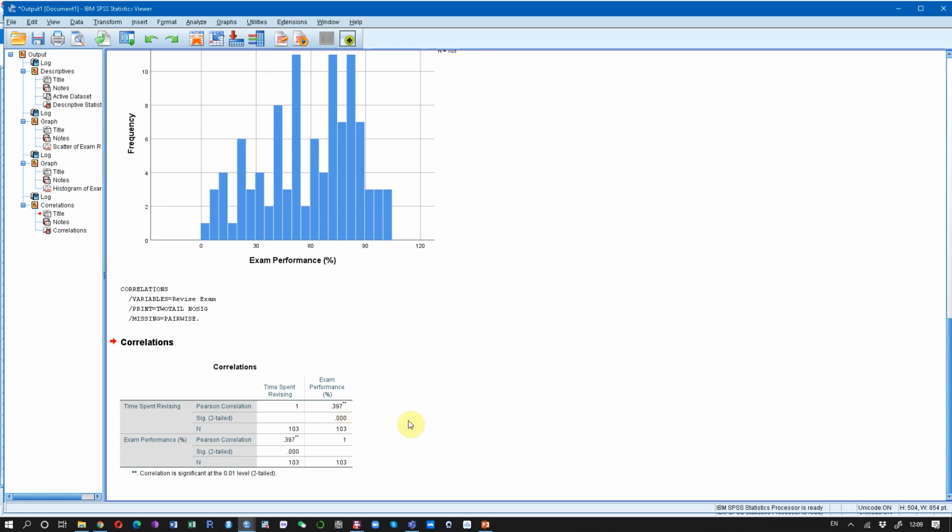So we're really sure there's a correlation, and the strength is this. The second half of the table is exactly the same, but comparing with the exam performance here and the time spent here. Then you can see those 1s that I've been talking about appearing diagonally in the correlation table.